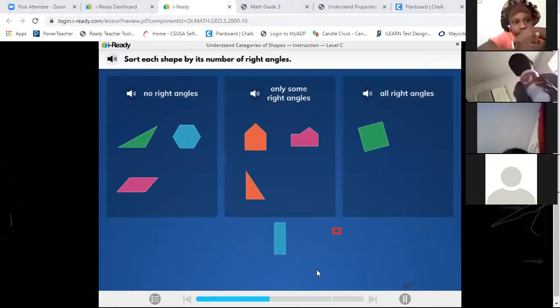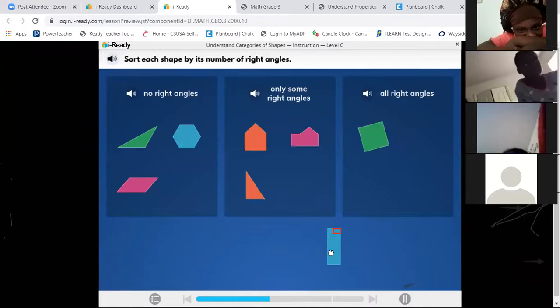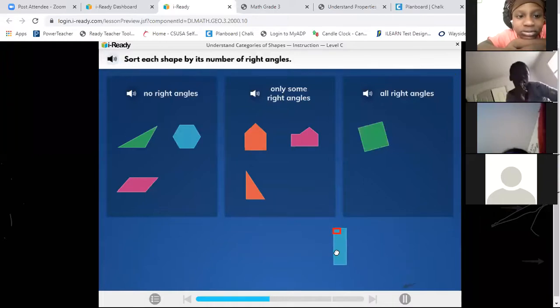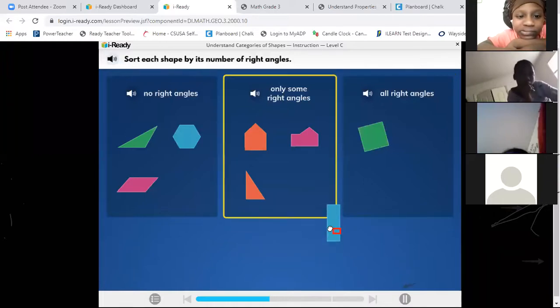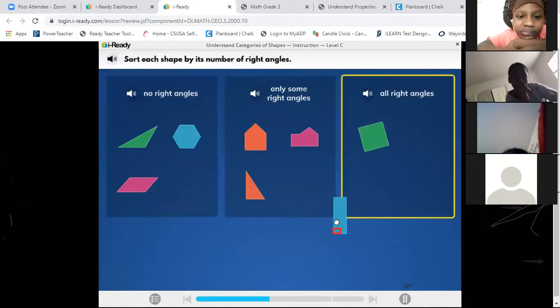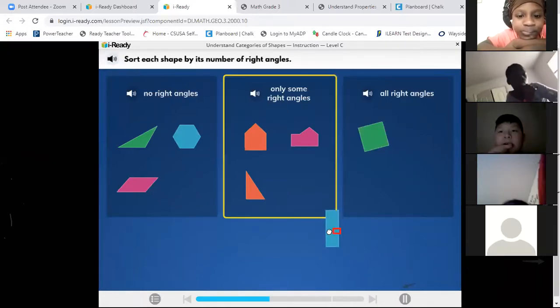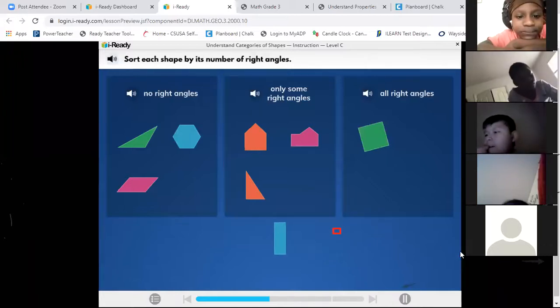No right angles, only some, or all right angles? Go ahead and unmute yourself and tell us, Krishan. Can you hear us, Krishan?